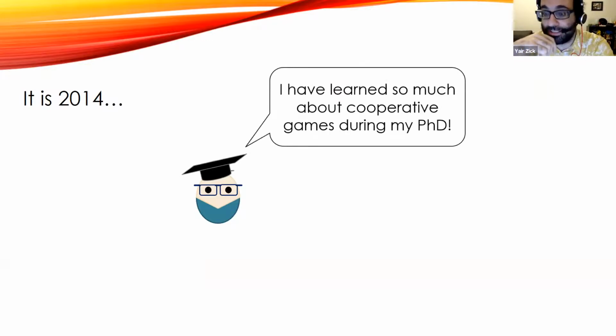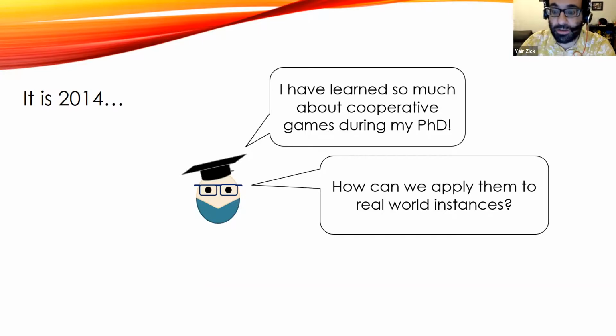Because I don't have a lot of time, I'm going to start at the beginning. It is 2014, and I have just graduated with a PhD, not in computer science, in math. I was quite happy. I had learned so much about cooperative games in my PhD. I wrote a thesis, everything was good. And then I started thinking, how can we take all of these nice theoretical ideas that we had during the 4 years that I worked with Edith and apply them to real world instances?